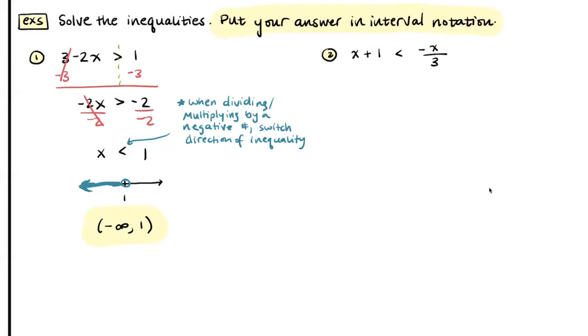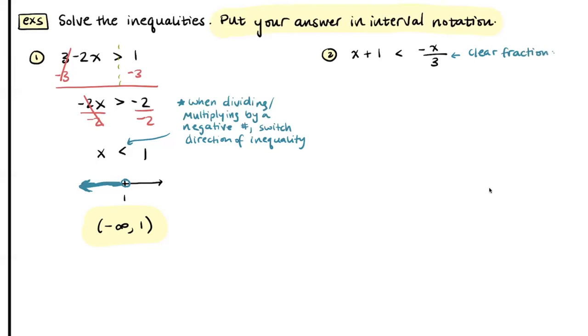It's called clearing fractions. So here we've got this divided by 3. This is just an option. It's not what you have to do all the time, but I would recommend it.